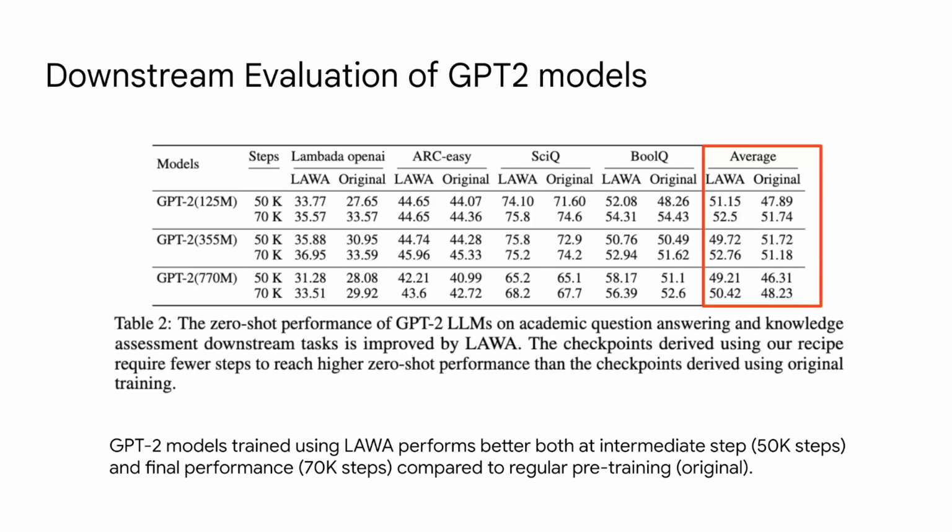I have conducted some small downstream evaluation with GPT-2 models, using 4 different datasets. On average, for the final model checkpoint at 70K steps, because we pre-trained for 70K, and also the intermediate checkpoint at 50K, we always win with GPT-2 models. It's a clear win for all model sizes at the final step as well as the intermediate step. With LAWA, you get higher accuracy.